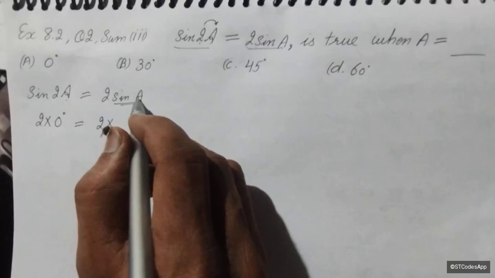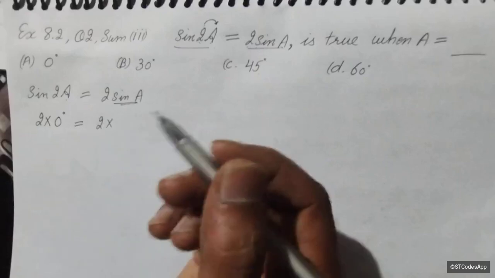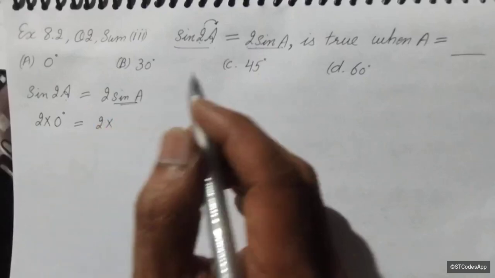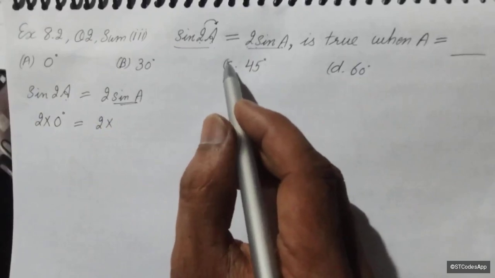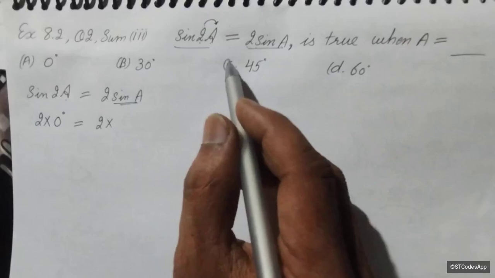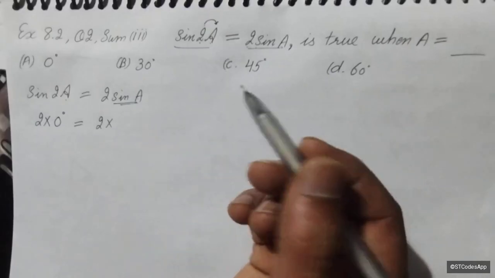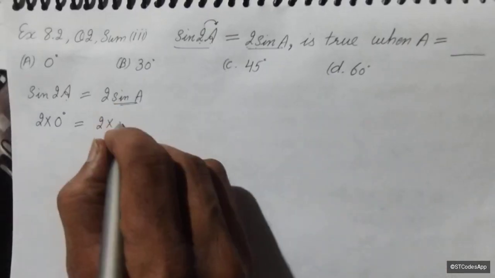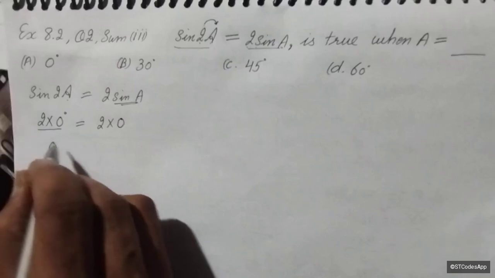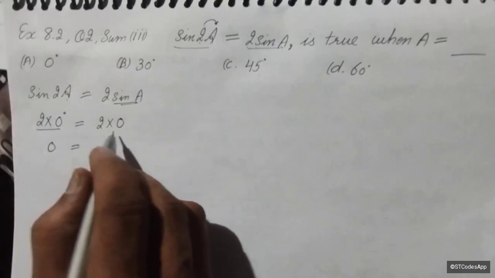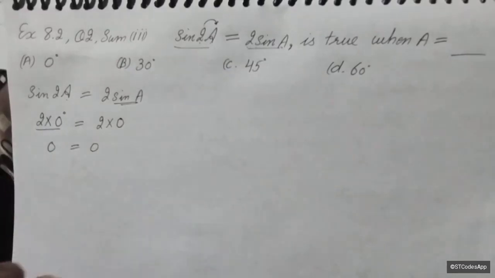What is the value of sine 0 degree in the table? Checking the angle 0 degree under sine, the value written below is 0, so we write 0. So 2 times 0 is equal to 0, and 2 times 0 is equal to 0. Both sides are zero.